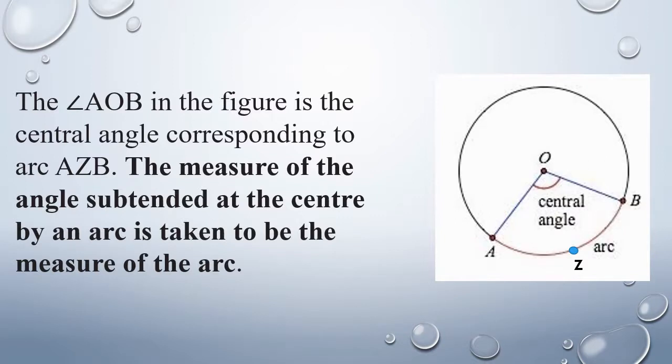Let's see measure of an arc. The angle AOB in the figure is the central angle corresponding to arc AZB. Here in this picture you can see angle AOB is a central angle and the corresponding arc is arc AZB.